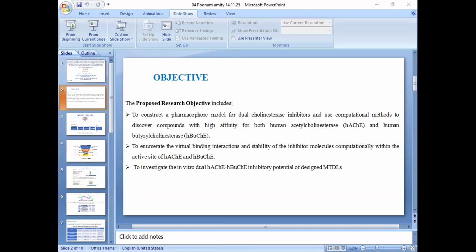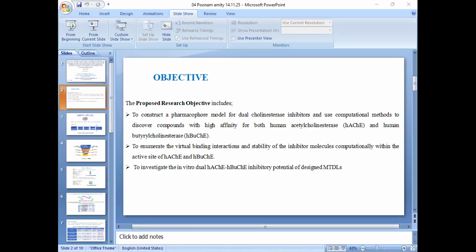Then we started our work with the designing of the pharmacophore model. It was a 6-feature pharmacophore model, where the features were hydrogen bond acceptor, hydrogen bond donor, hydrophobic, aromatic, negative functional group, and positive functional group.